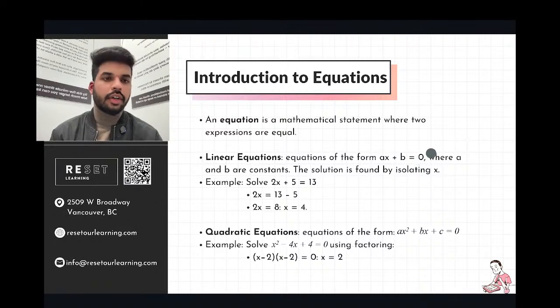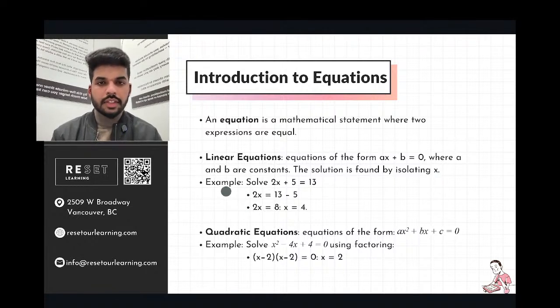Usually it's zero, but it could be any number. This is just a way of representing a linear equation where a and b are constants, and the solution is found by isolating x.